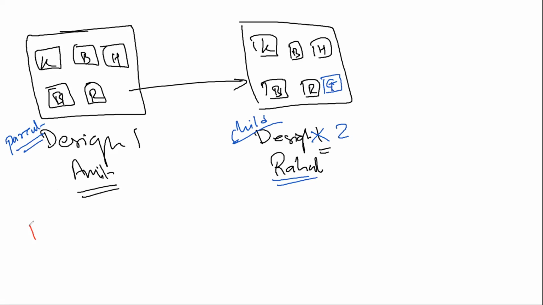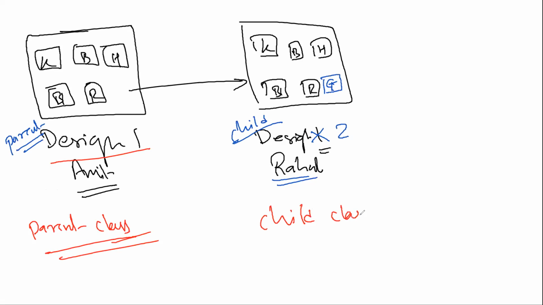Object-oriented programming. This will be your parent class, because design we are saying it's a class, right? And this will be your child class, because you have copied the design from here to here, then you have made some changes, that's fine, right? And this is parent, this is child.